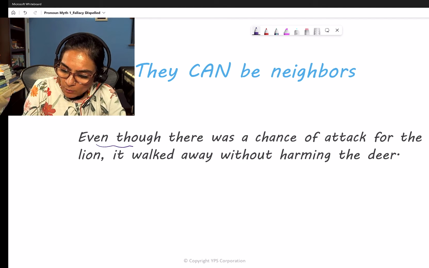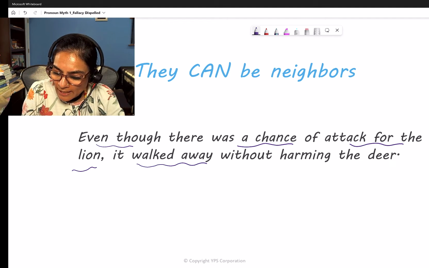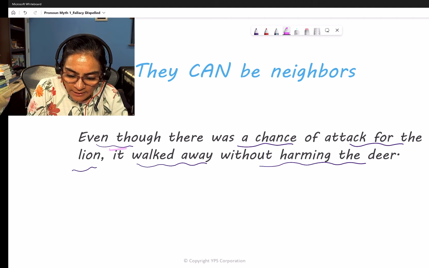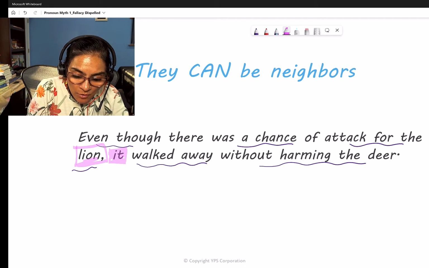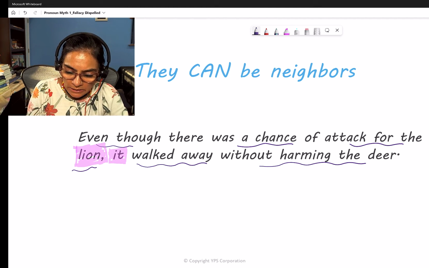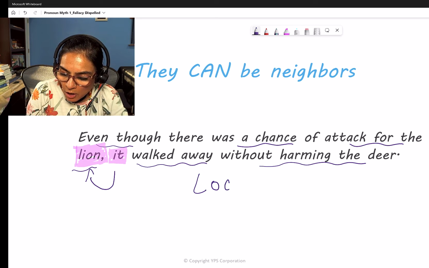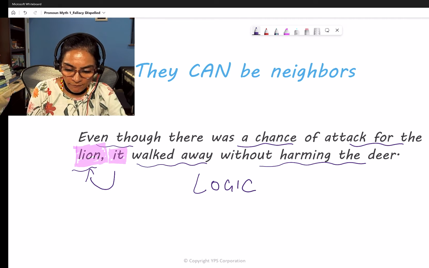Even though there was a chance of attack for the lion, it walked away without harming the deer. In this sentence, we see that the pronoun it refers to the noun that is placed right before it. And this reference is possible only because the logic of the sentence calls for this reference.